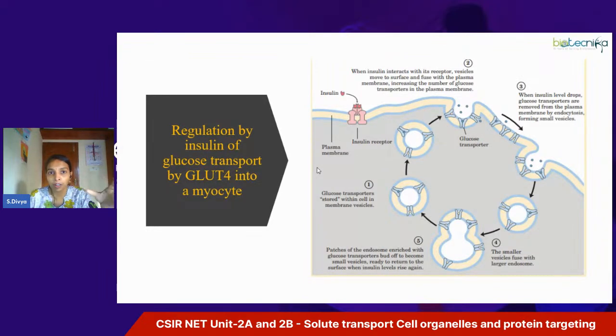When our body cells start secreting insulin. In what condition? Specifically, when we are taking a carb-rich food, right?